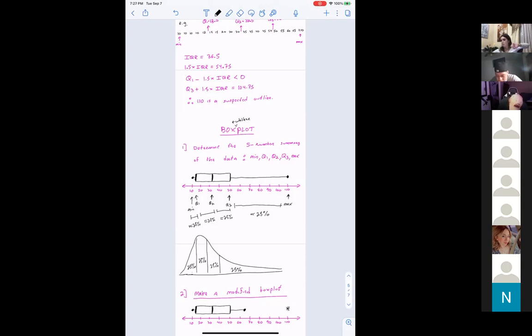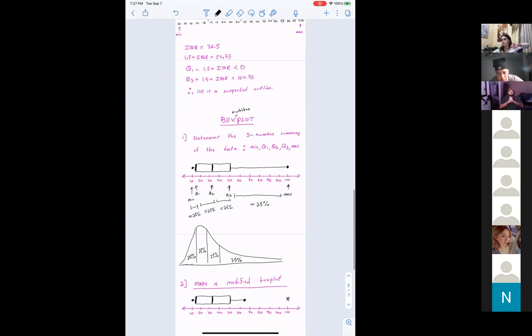So any questions on how to create a box plot or a modified box plot? By the way, notice with the modified box plot and recognizing that 110 is a suspected outlier and therefore ignoring 110, what would the shape of the distribution be now?